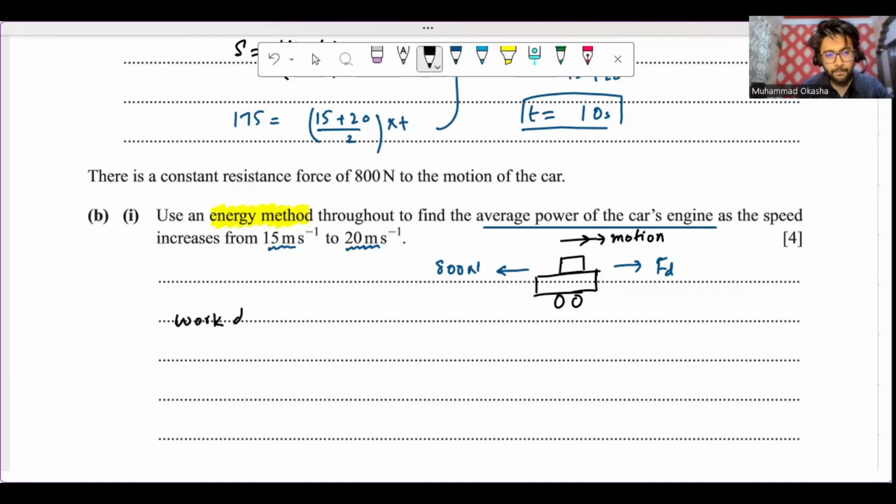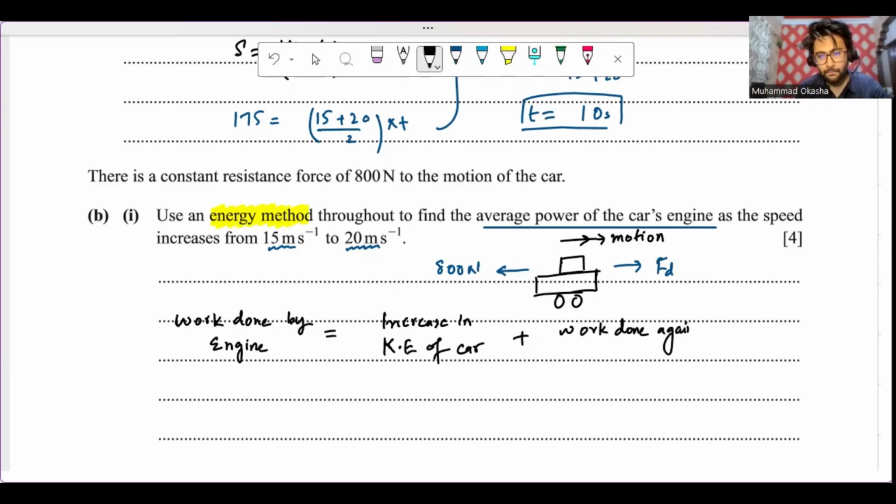Work done by the engine. You're familiar with the work-energy theorem, right? Work is converted into energy. So work done by the engine is equal to the increase in kinetic energy of the car plus work done against friction. Now we know the formula for all of these. We know the formula for power, which is equal to work done divided by time.